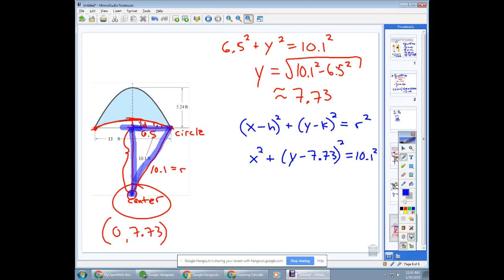And we want the height here in terms of x. So we have to solve this for y now. To do that, I'm going to subtract the x squared over. So 10.1 squared minus x squared equals y minus 7.73 squared. Take the square root.